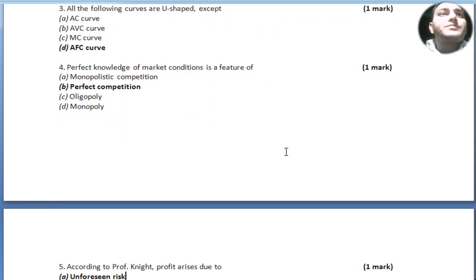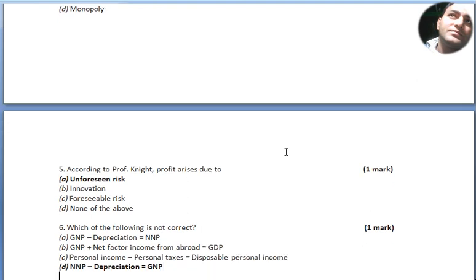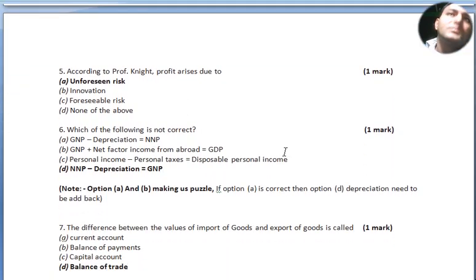Question number 4. Perfect knowledge of market condition is a feature of monopolistic competition, perfect competition, oligopoly, or monopoly. Here the answer is perfect competition. Question number 5. According to Professor Knight, profit arises due to unforeseen risk, innovation, foreseeable risk, or none of the above. The answer is option A, unforeseeable risk.